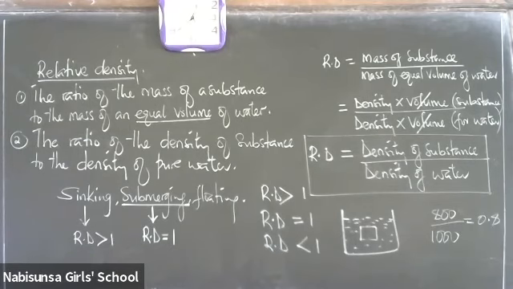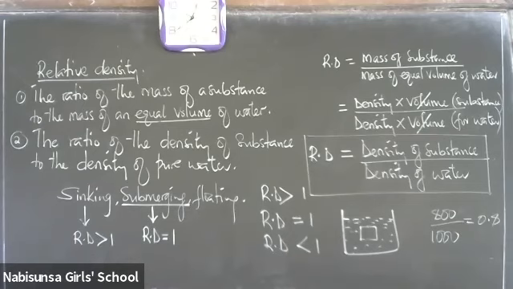And therefore, when you get the relative density of paraffin, it is going to be less than 1. And therefore, at all times, paraffin must float in water. Are we together?